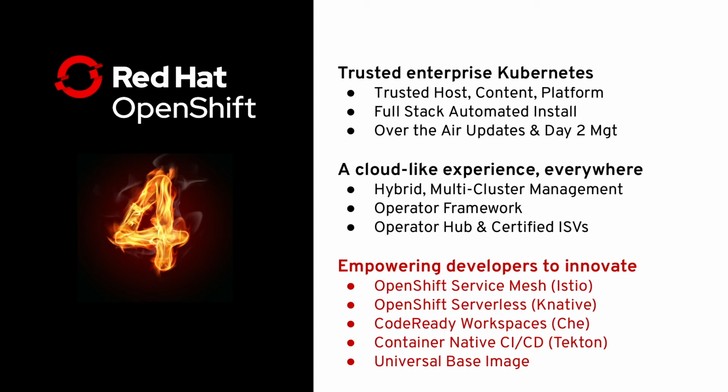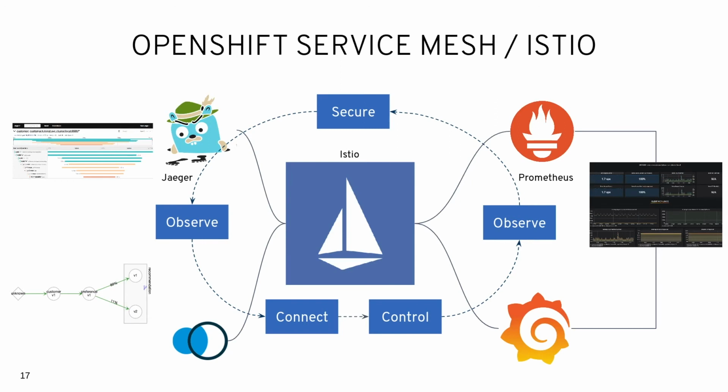So having best-in-class tools for developers is really a big focus here. And in OpenShift 4 there are a number of new tools that either are already introduced or will be introduced soon.